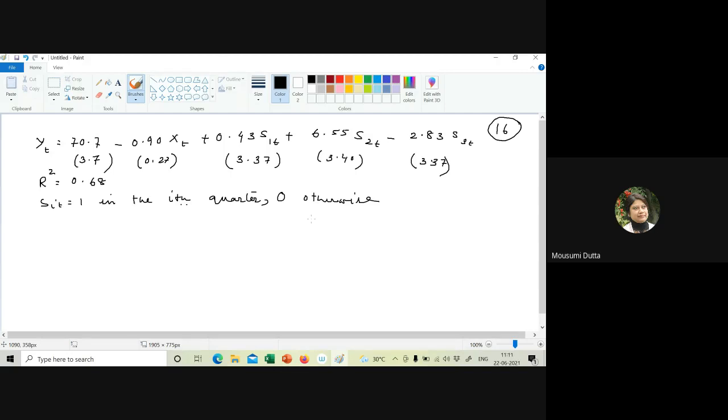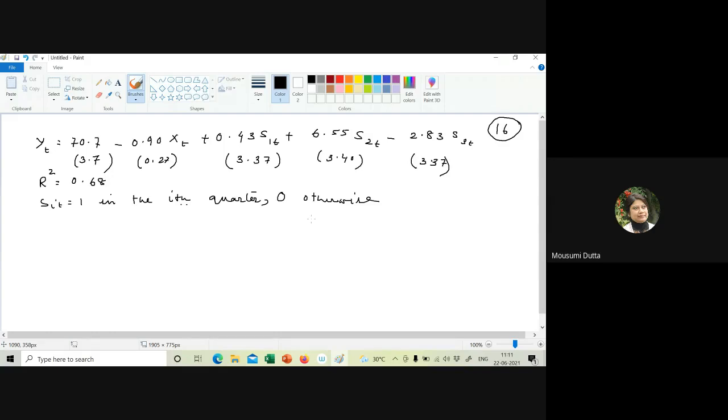The original intercept will indicate the dummy for the last season, the 4th season. If I incorporate 4 seasonal dummies, there will be the problem of dummy variable trap.